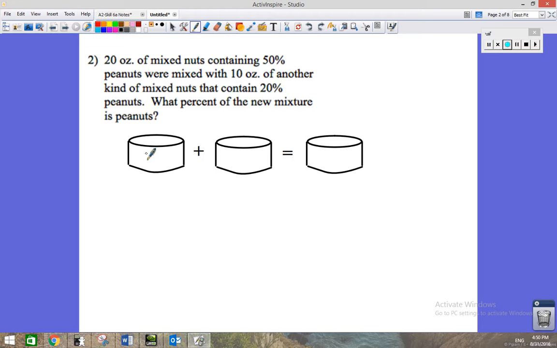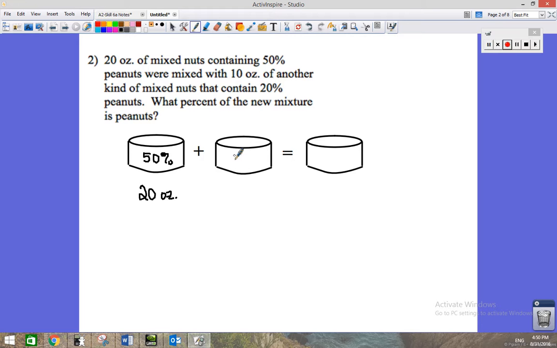So I have 50% of this 20 ounces. Half of it is peanuts and half of it is not peanut. 50% is peanuts, 50% is not peanuts.